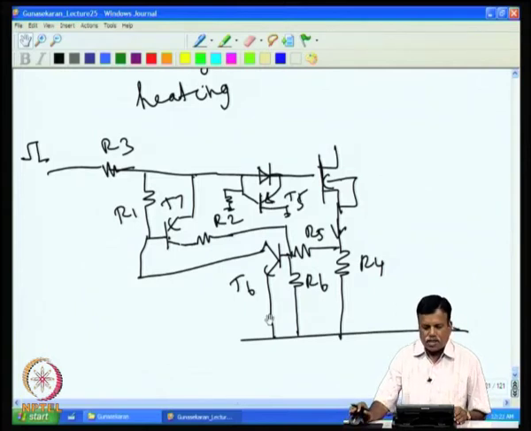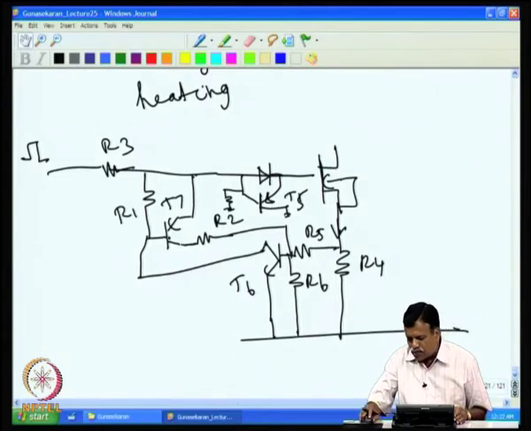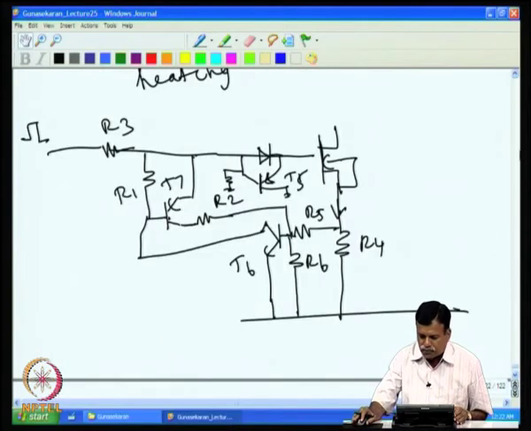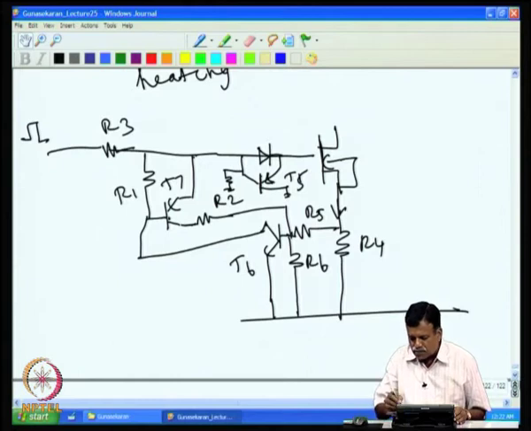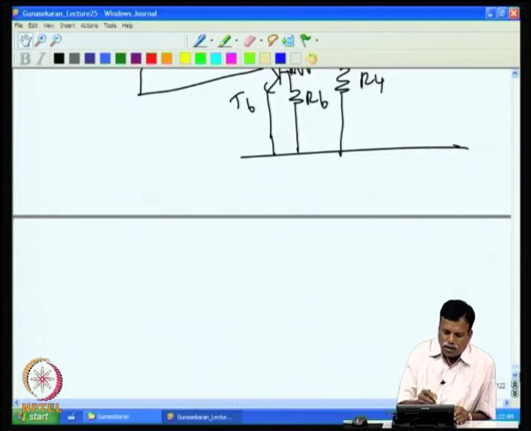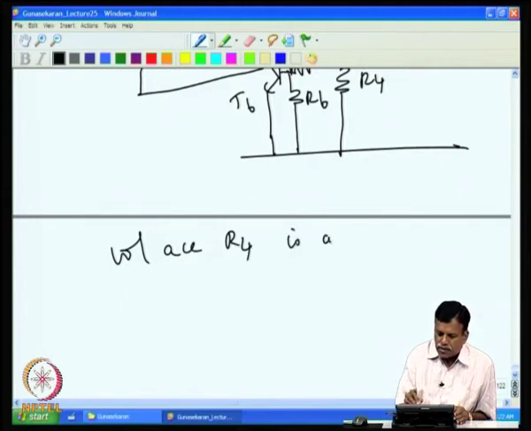So, T6 is the one which senses the current. So, the T6, that is voltage across R4. So, if I take this, voltage across R4 is applied to T6.